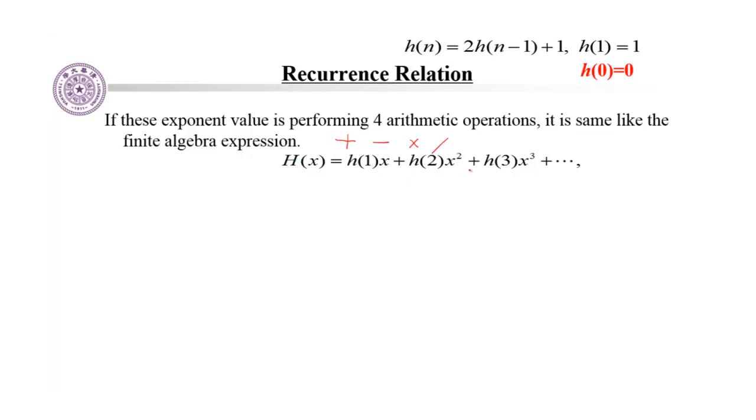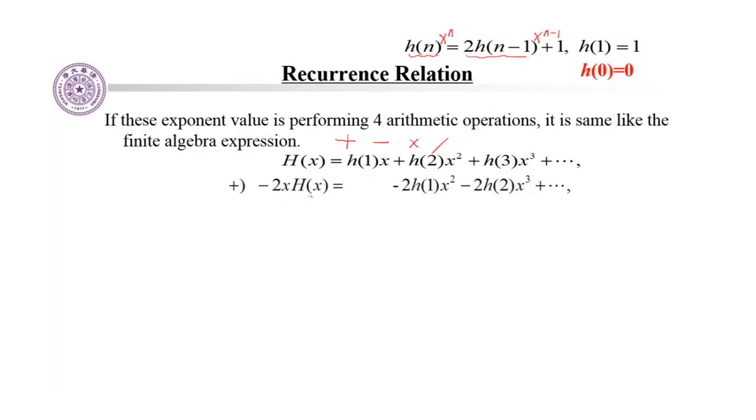We write down the corresponding generating function of Hanoi Tower here. If we want to do certain operations to it and make good use of this recurrence relation, we will find that this term is half of this term on the right side. The corresponding power of this side is x to the n's power, and the corresponding power of this side is x to the n minus 1's power.